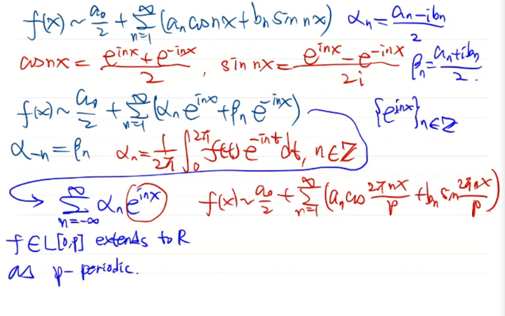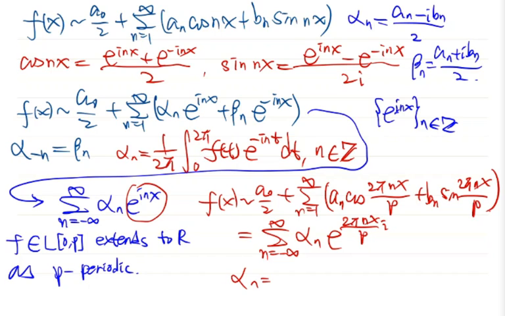Then we can also write this in complex form: the sum from n equals minus infinity, as in the 2-pi periodic case, of alpha n exponential of 2 pi i nx over p.